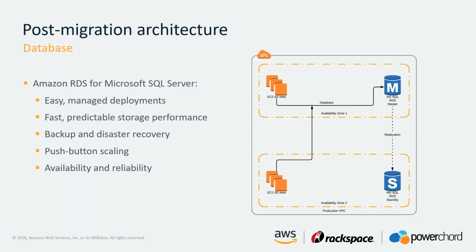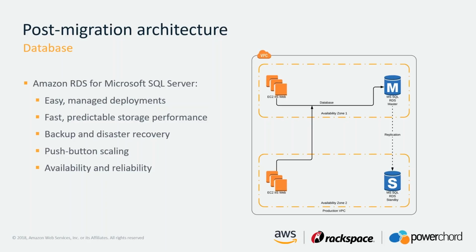Additionally here, you get predictable storage performance. You can do provisioned IOPS if you want. And then a highlight here is availability and reliability. You no longer are dependent on one host in an environment, and then keeping that one host up and running.